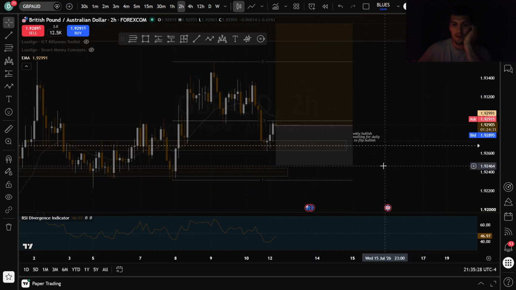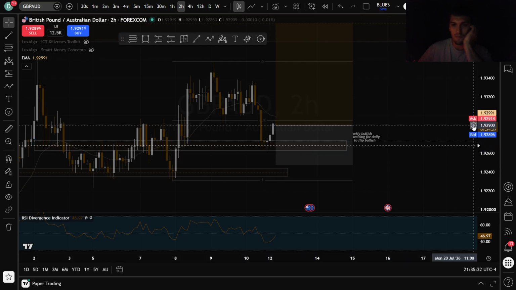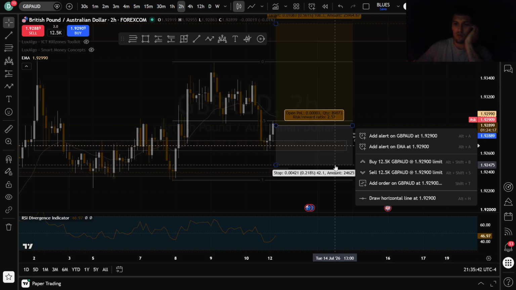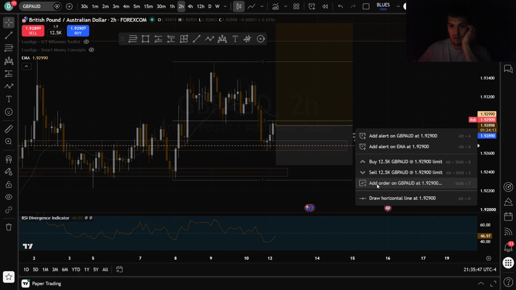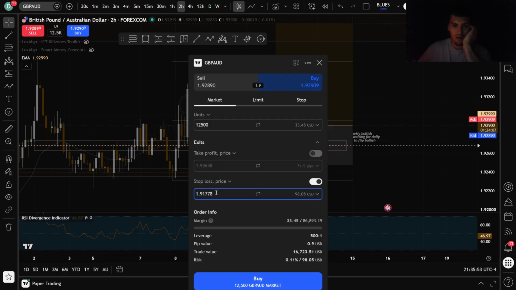So I'm going to take a trade here, and my stop is going to be below this previous swing point. So I'm going to add an order, and our stop loss is going to be, look over here to the right, 1.9247. So we're going to add an order, go to a market buy, and our stop loss is 1.9247.